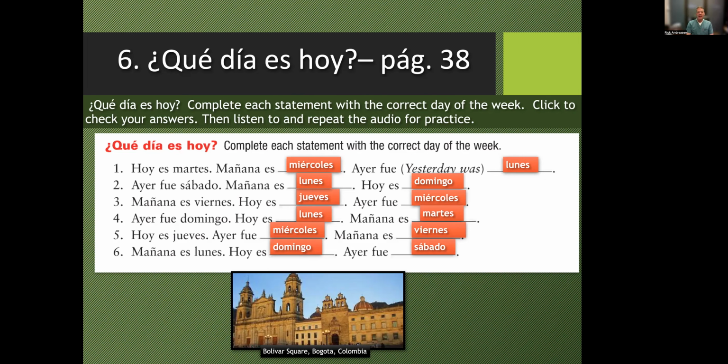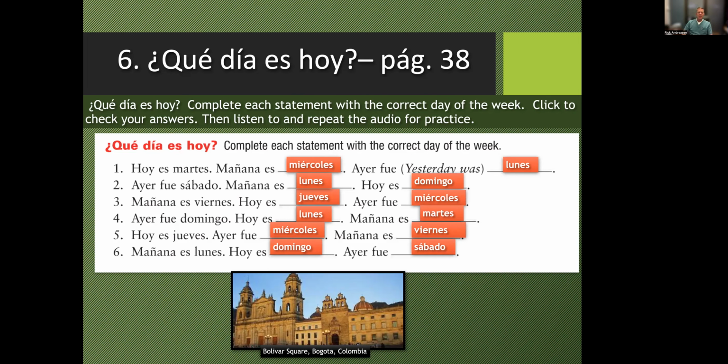Número 4. Ayer fue domingo. Hoy es lunes. Mañana es martes. Número 5. Hoy es jueves. Ayer fue miércoles. Mañana es viernes. Número 6. Mañana es lunes. Hoy es domingo. Ayer fue sábado.